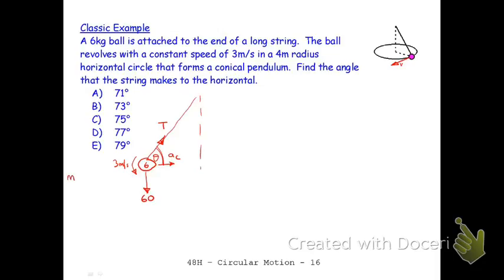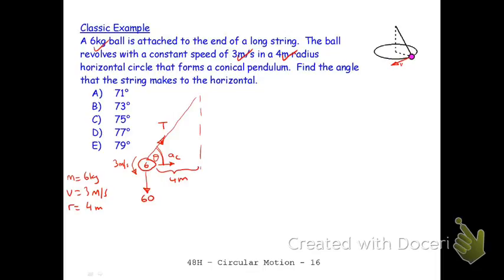So I have my mass is equal to 6 kilograms. My v is equal to 3 meters per second. My r is equal to 4 meters. The horizontal circle, find the angle between the string and the horizontal.